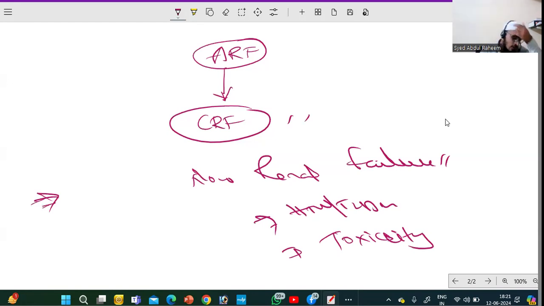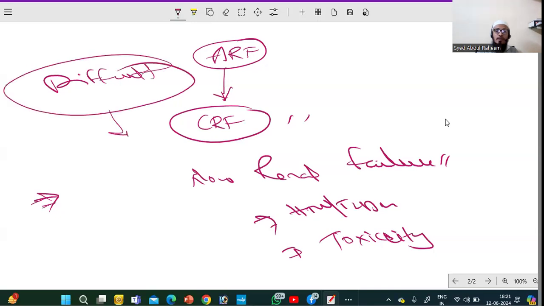So we'll discuss in detail what are the causes and how to diagnose. Diagnosis is very simple, but here cause and treatment. Second part is treatment, very difficult, and it will take time.